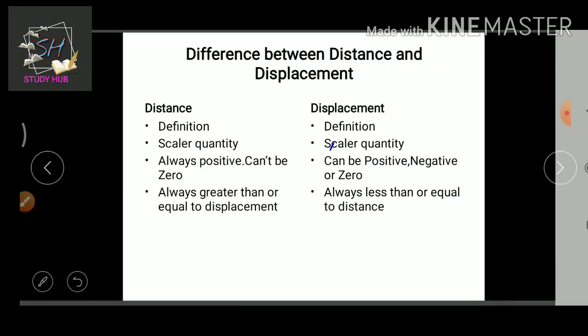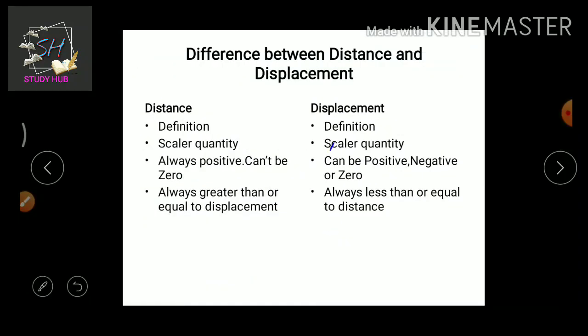Now if you want to know the difference between distance and displacement, then here are some points. On these points you can make the difference between distance and displacement. So what are the points? At first you can give definition. Next, distance is a scalar quantity and displacement is a vector quantity. Oh, there is a typing mistake.